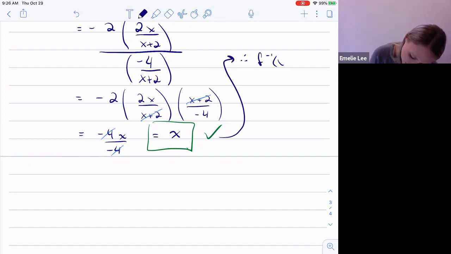Therefore, f inverse of x is indeed the inverse of f of x.